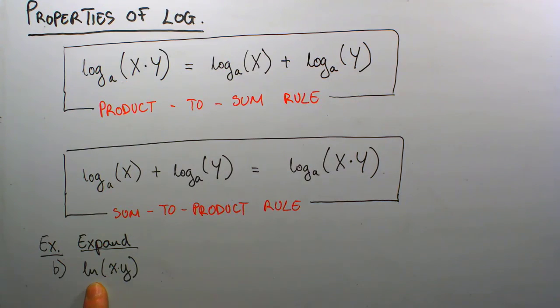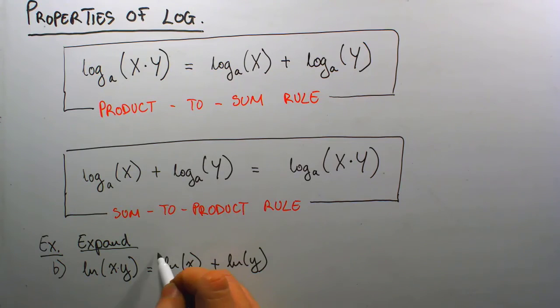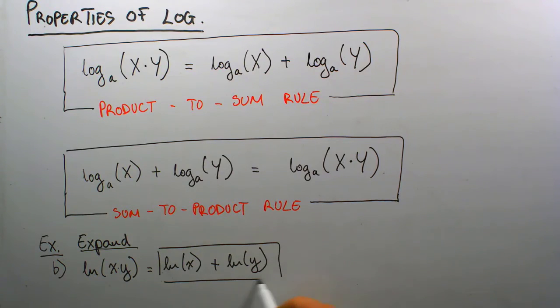So base e counts too. So natural log of a product x times y equals natural log of x plus natural log of y. And this is about all we can do. But at least this is the expanded form of the beginning problem.